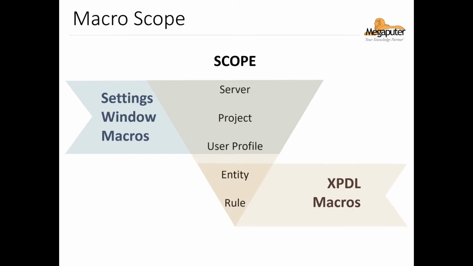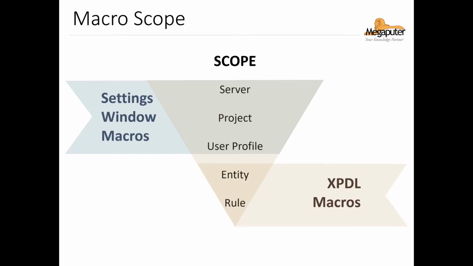The scope also affects the order in which they will take precedence. Suppose I define a macro called myMacro using the settings window, the project. Then I want to define a new macro called myMacro, but I define that on the entity level.